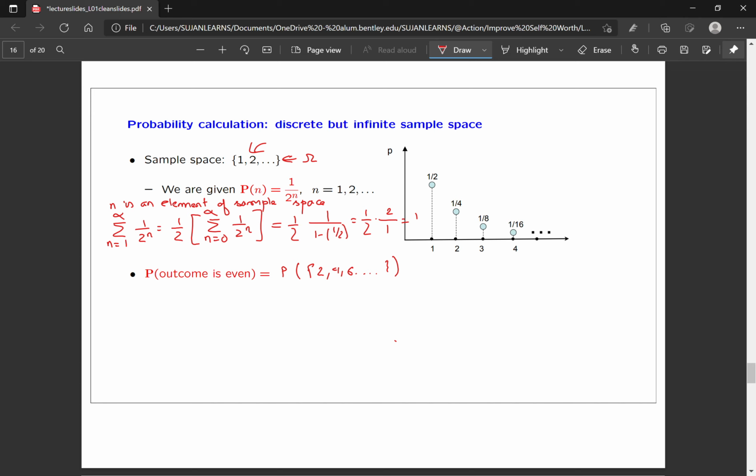What we can do is chunk this set into smaller sets, each with a single element, and union them.